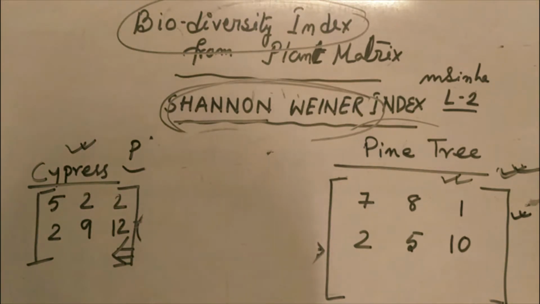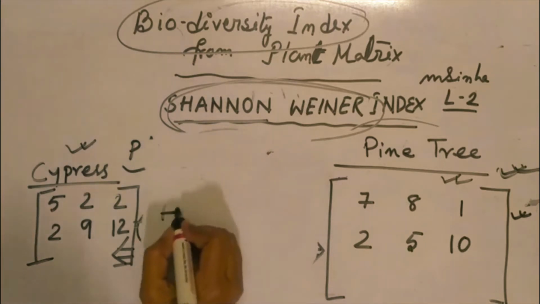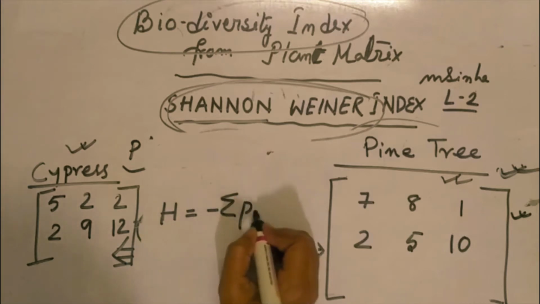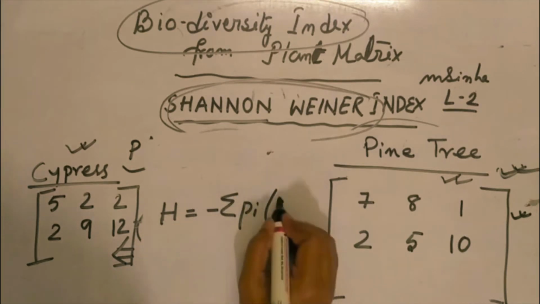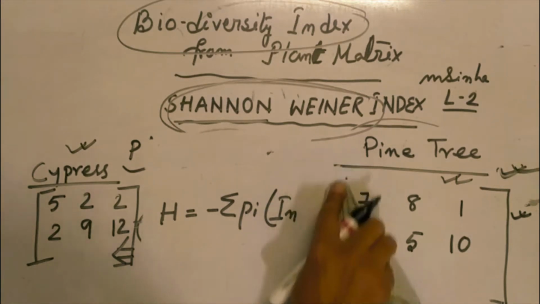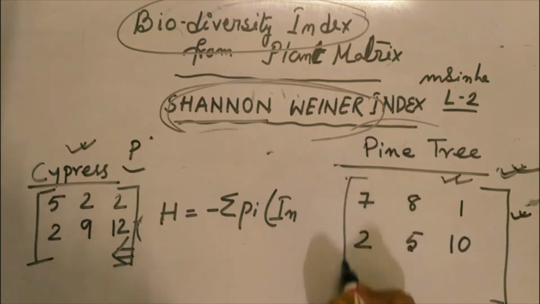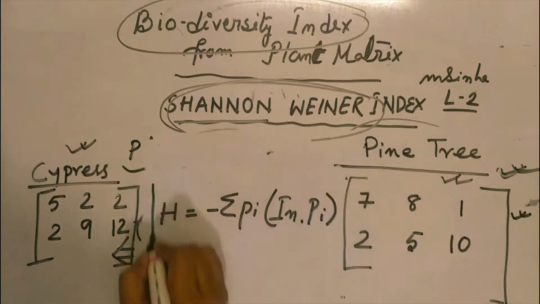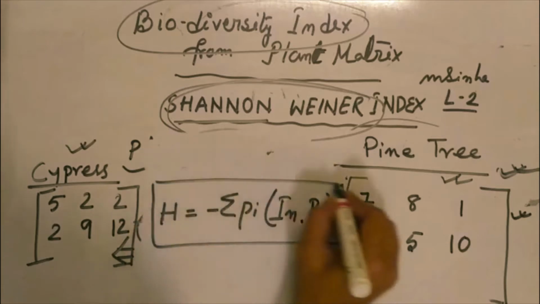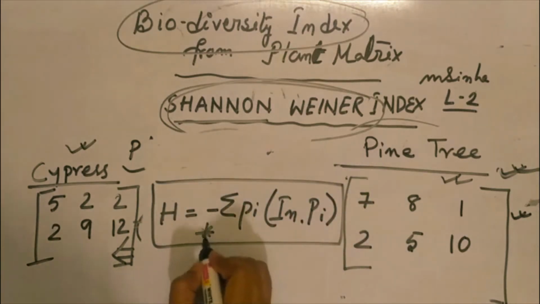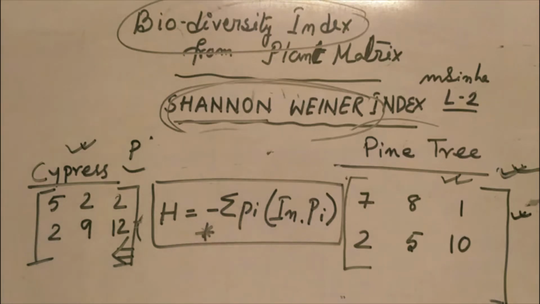The basic Shannon formula is H equals minus summation Pi into ln Pi. This is the formula of the Shannon index. We use this formula and we will calculate the biodiversity index.